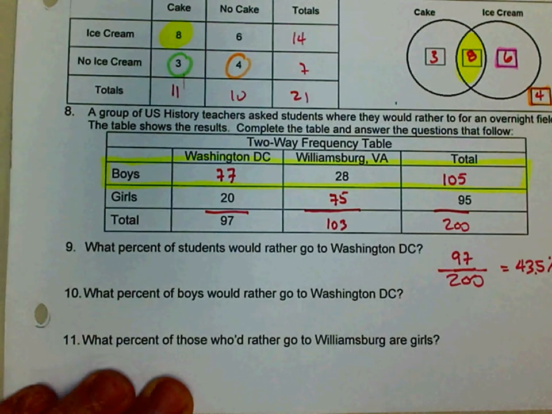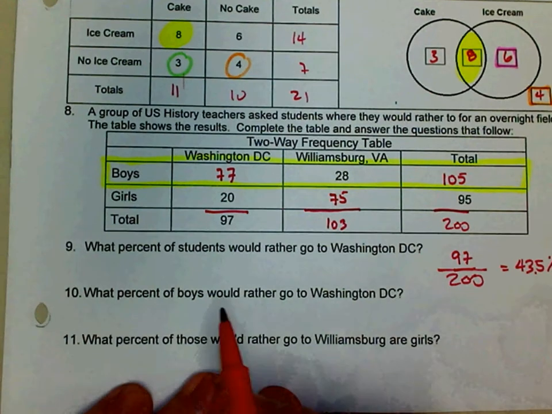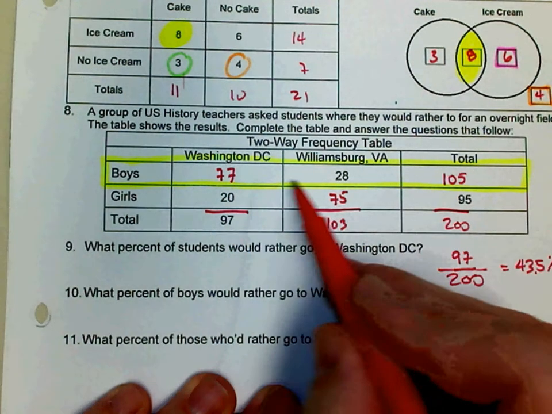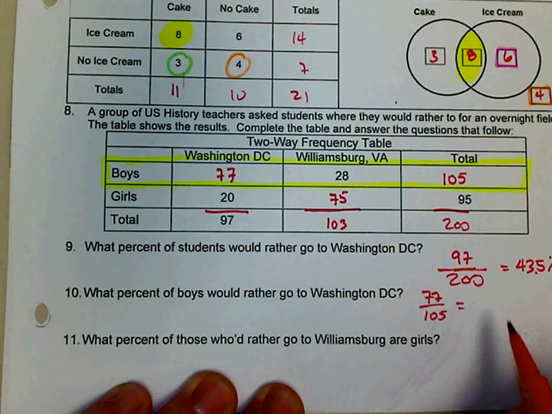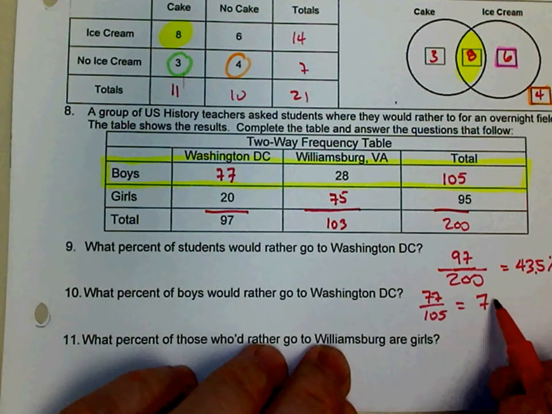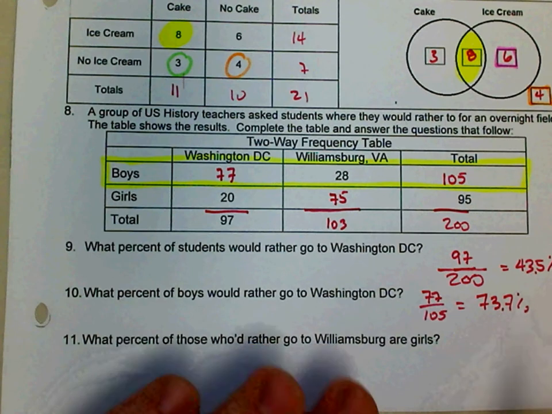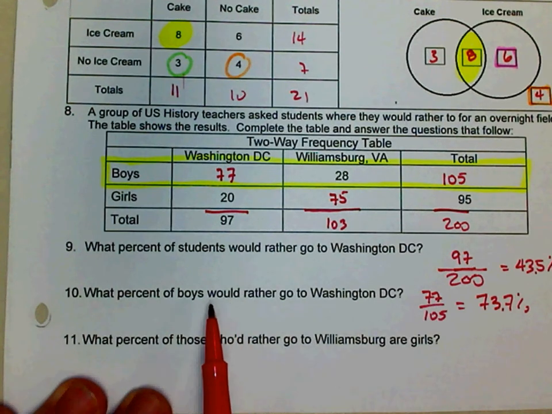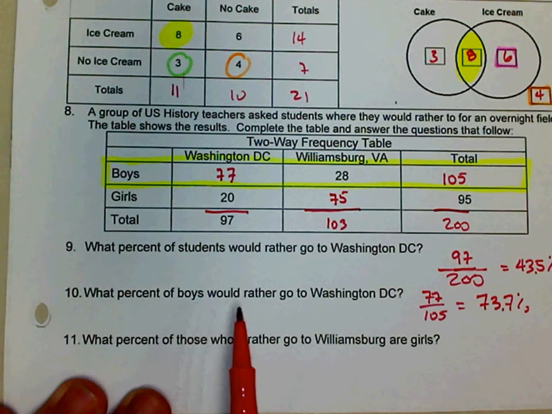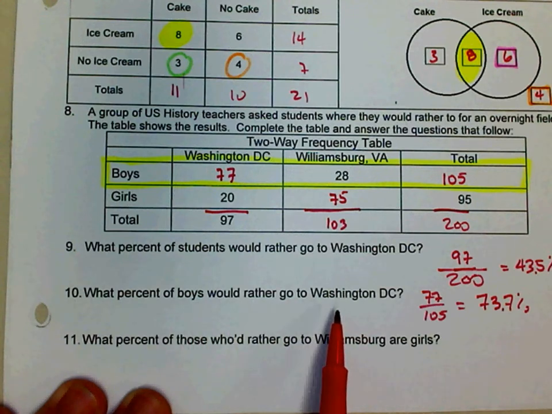The percentage of the boys would be 77 out of the total 105 boys, which means 73% of the boys would rather go to Washington, D.C. That means the decision to go to Washington, D.C. is not independent of whether you are a boy or a girl.